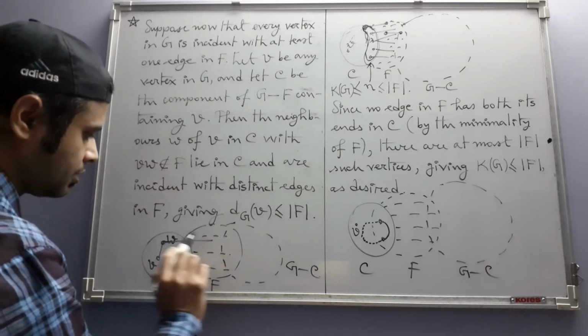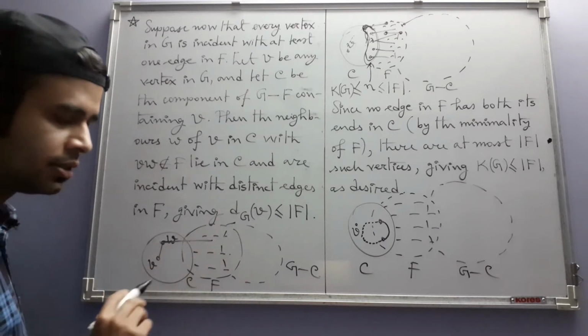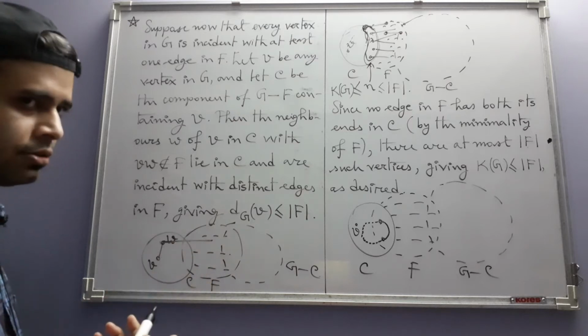So these are say edges whose one end we are showing in C and the other end we are not showing.